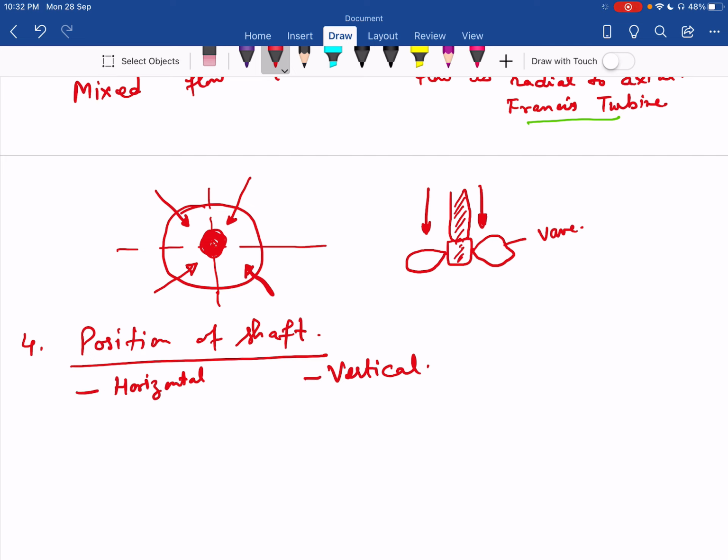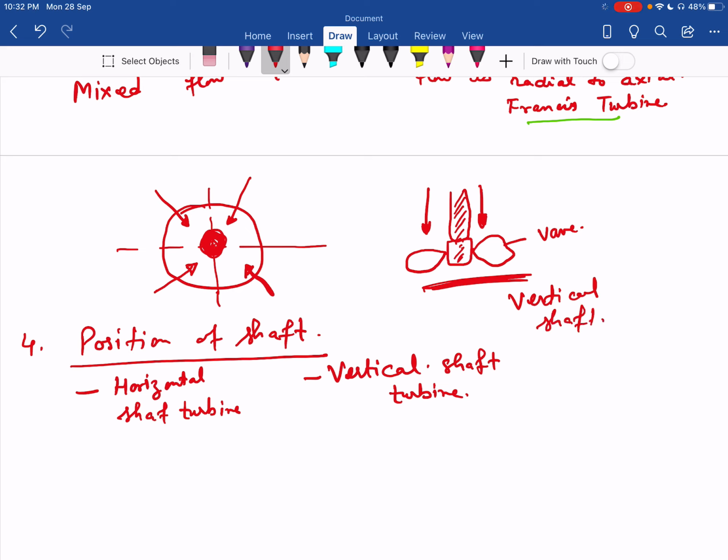So you can say either we have horizontal shaft turbine or vertical shaft turbine. In this diagram the shaft is vertical. In this diagram you can say the shaft is horizontal. So that is the fourth classification.